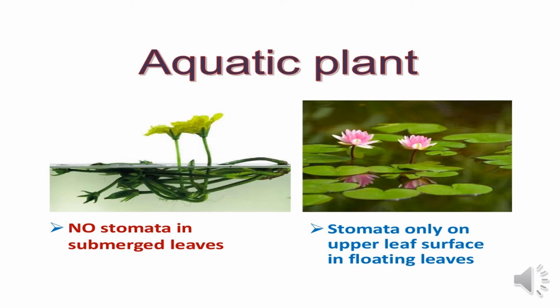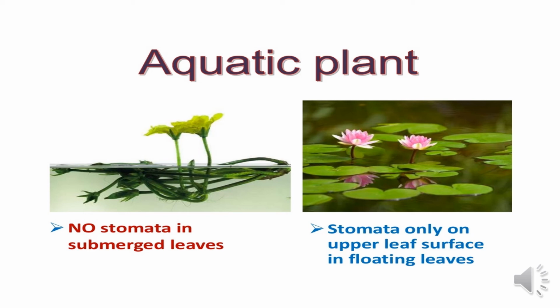What happens in the case of aquatic plants? Because aquatic plants are already present in the water, sometimes in the case of submerged plants, they do not have stomata at all. In some cases, if stomata are present, they are on the upper leaf surface in floating leaves.